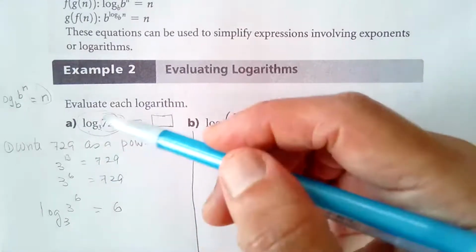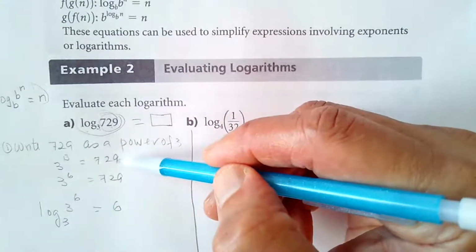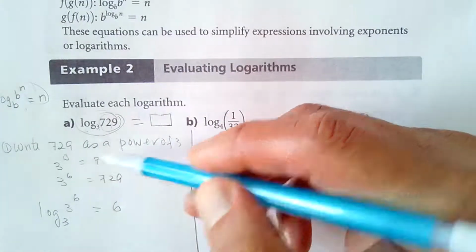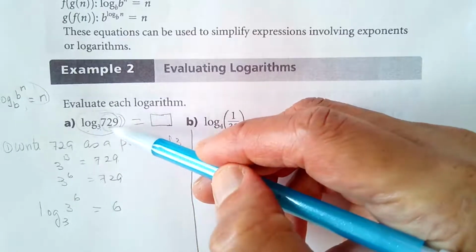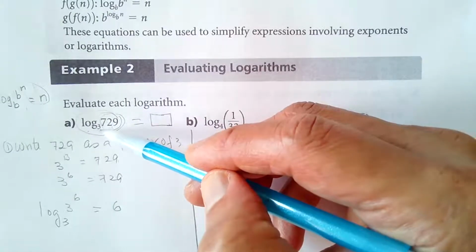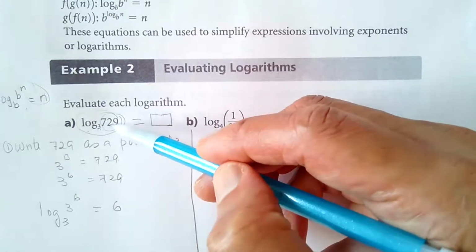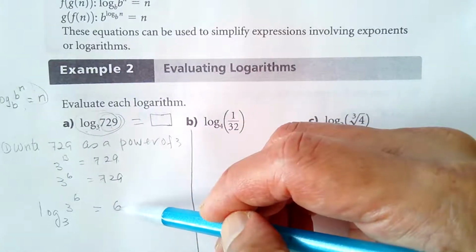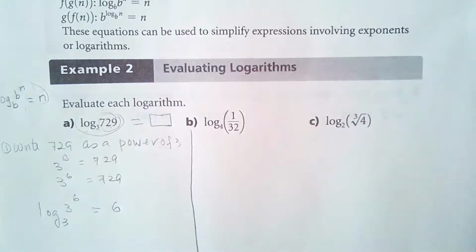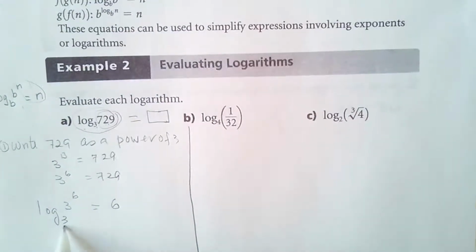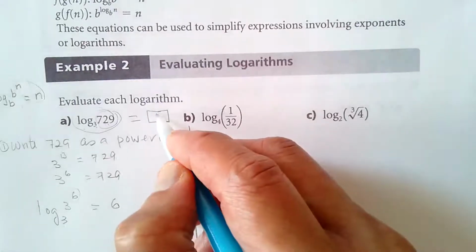Now you could have completed it a long way by finding how many times you can multiply 3 by itself to give you 729, and the answer would be 6. Either way, you could complete it, but anytime you're given a log of this form, the answer is immediately the exponent here. That's what this is telling us. So the answer here will be 6.